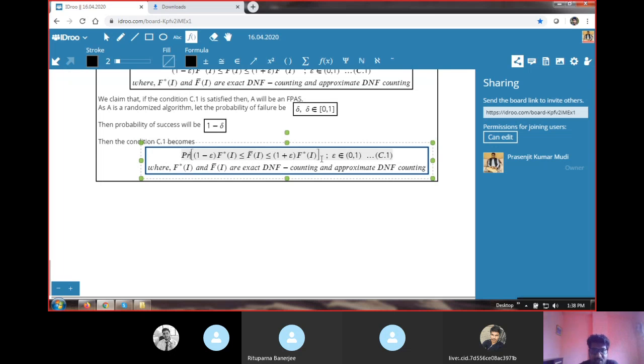So the probability of achieving this is a success. So this is the condition. If this condition is true, then we can find an algorithm A which is an APS. We will have some success, and the success probability is 1 minus delta. That means this probability has to be greater than or equal to 1 minus delta. Okay, so this is the modified version of the condition, that is C dot 2.